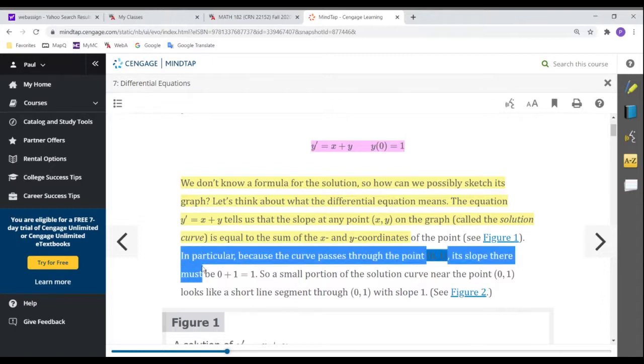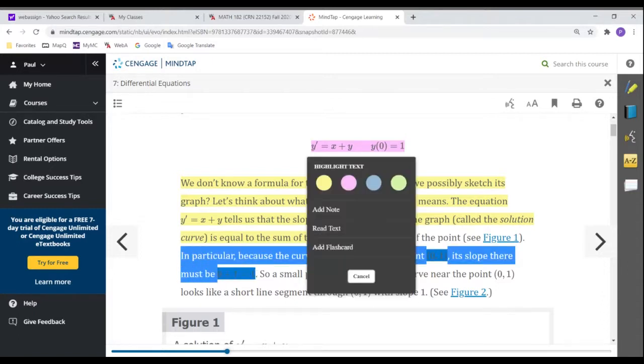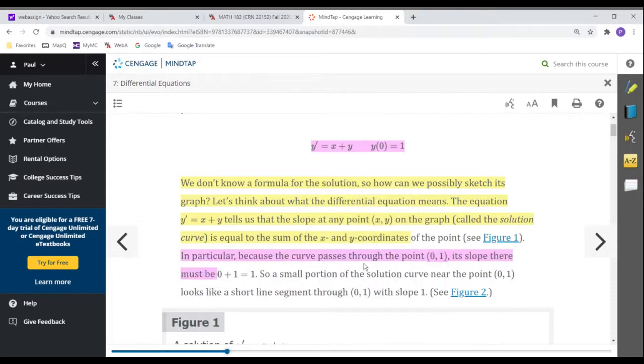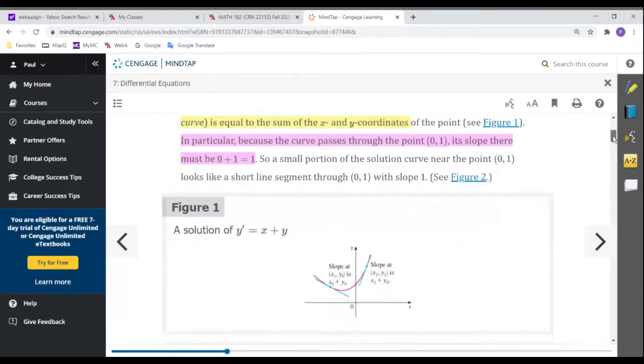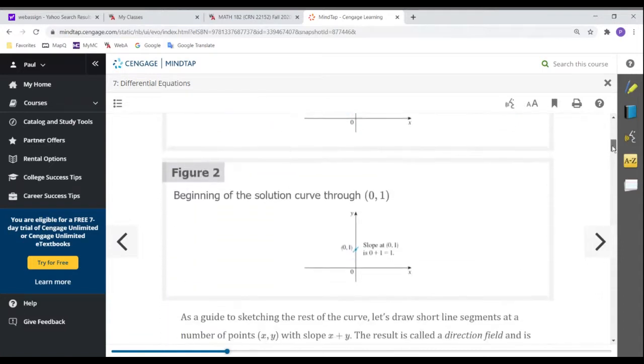The curve has to pass through 0, 1. But its slope there has to be equal to 0 plus 1, which equals 1, because the derivative y prime equals x plus y. So when x is 0 and y is 1, y prime is 0 plus 1, which is 1. And they have a figure here.